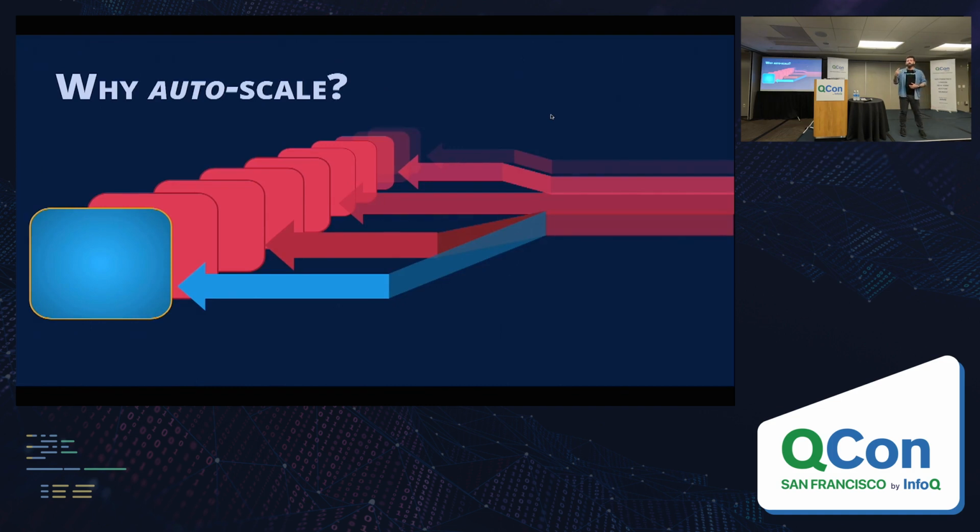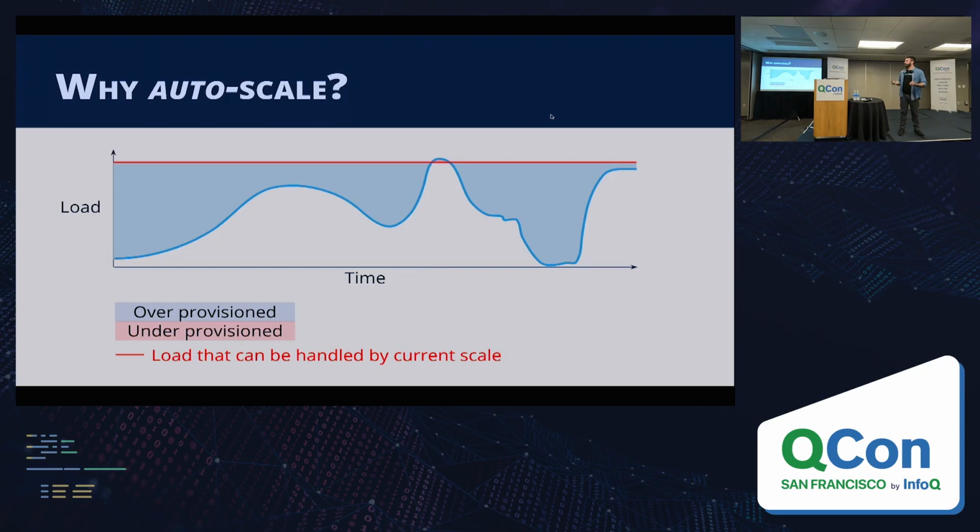And let's move on to why would you even autoscale? So yes, financially, a cluster costs a lot of money. We want to reduce the amount of nodes that we have. But what if we just had enough to handle the scale? Okay, so this blue line will be the load. And the red line is the load that we can accommodate with the current configuration.